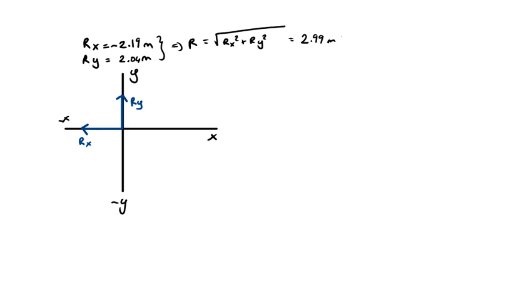Okay, let's carry this a little bit to the right. So these are Rx and Ry, positive Ry and negative Rx. Then what I do is I complete this to a parallelogram, which is in this case simply a rectangle.